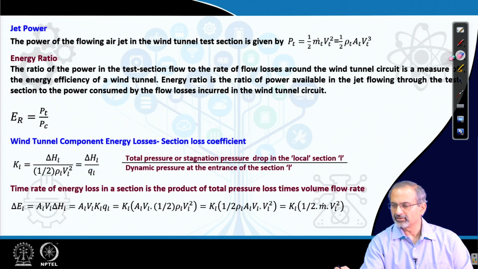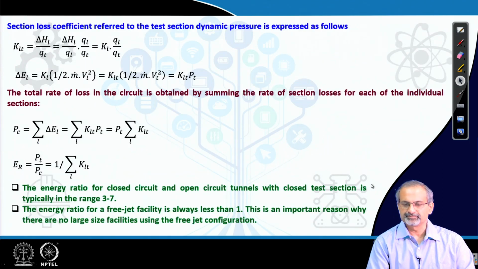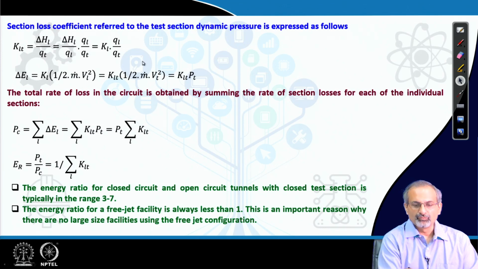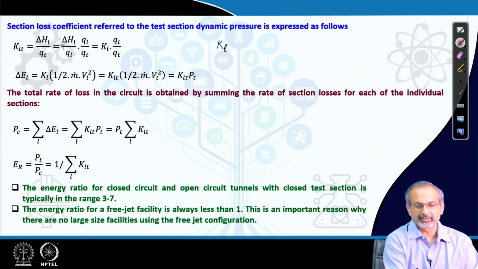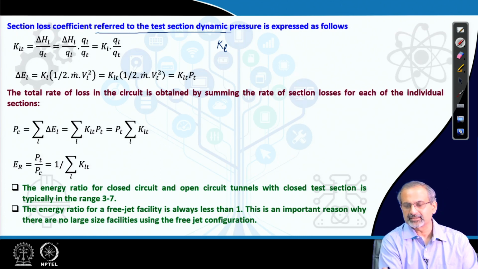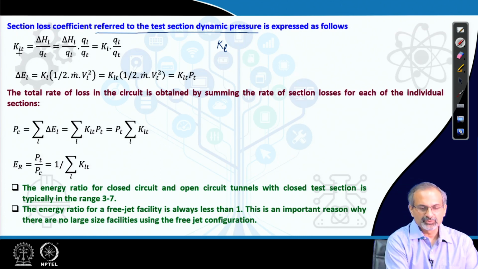Let us see how we can reorganize these terms a little further. We will define the section loss coefficient further, which we showed as KL earlier in the previous slide, as referred to the test section dynamic pressure, which we define as KL suffix T. What do we mean to do?